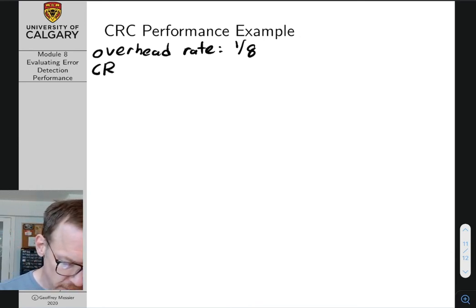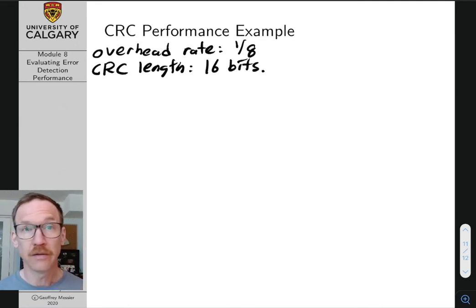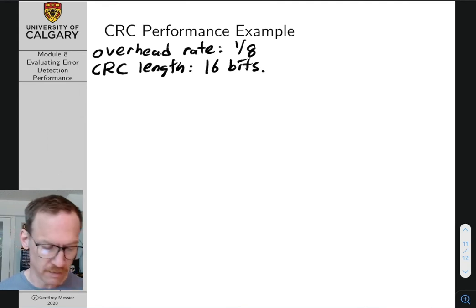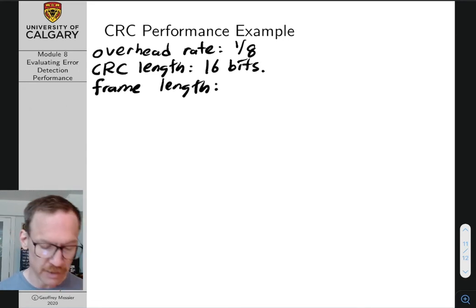For this example, let's assume a CRC length of 16 bits. And that means that we have a frame length of 128 bits.